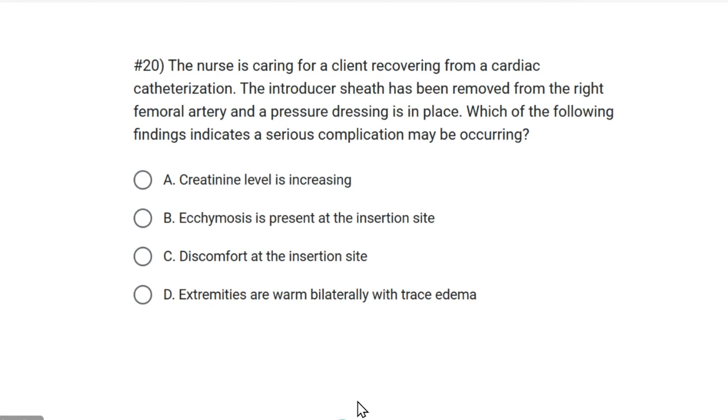Negative event queries are used less frequently on the NCLEX than positive event queries, because a lot of times they're wanting to know, what are you going to do? But you do need to be alert in noting these types of questions. In this case, it is a little bit of action, because sometimes they want to know if you know how to assess for a negative thing happening, something abnormal, a serious complication.